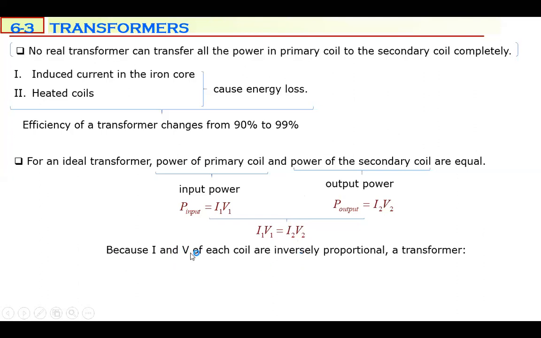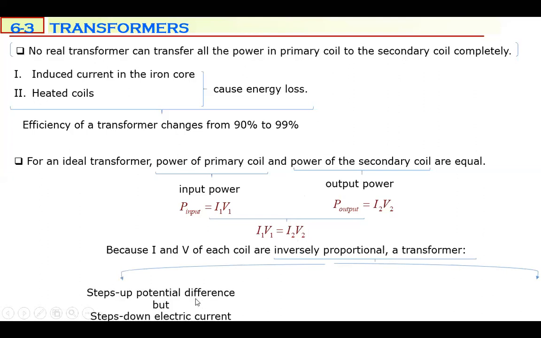Yes, because I and V of each coil are inversely proportional, a transformer can step up potential difference. What does it mean? Potential difference is increasing, so electric current will decrease. Decrease in electric current is expressed as steps down electric current.